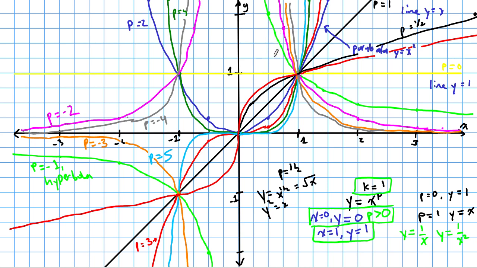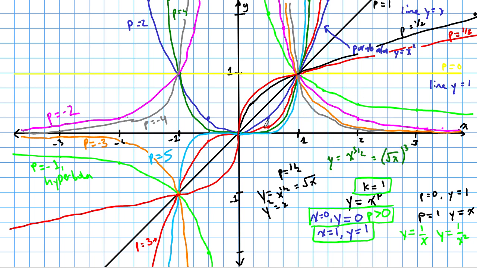What about the 3/2 power? How would that look? I didn't write this down. The red line is p is 1/3. If we have the 3/2 power, so y equals x to the 3/2, that would give us the square root of x cubed.